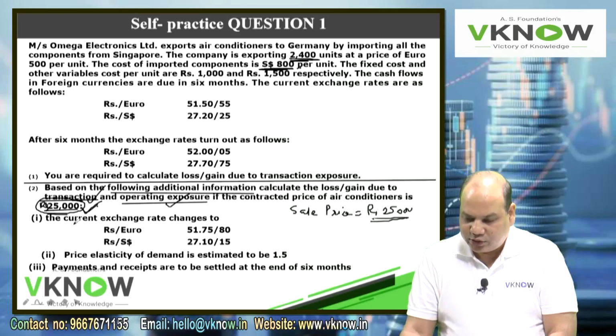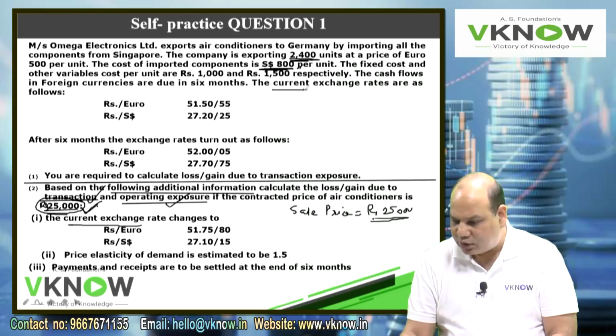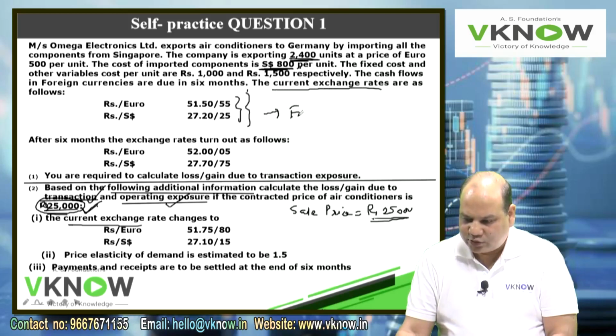The current exchange rate, now this they are changing. See, in the earlier calculation the current exchange rates are this. This I will use for my first answer, and this I will use for my second answer.